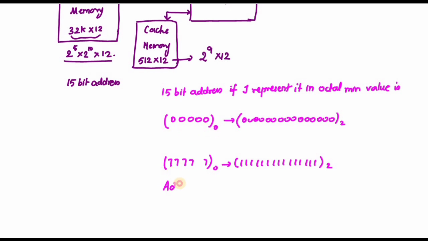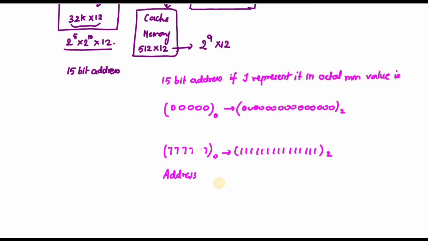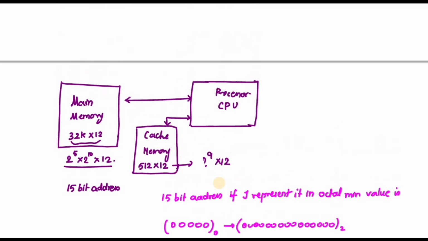Here I am going to use only the octal number as my address. Similarly, the maximum value is five sevens, and in binary you require 15 ones. So 15 ones is the maximum value represented in binary.